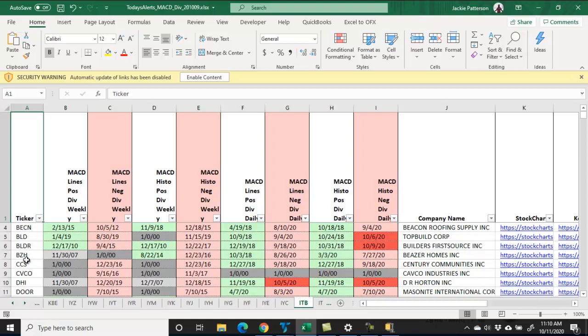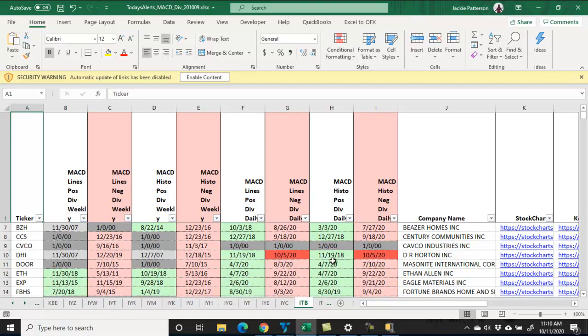And then these have their divergences cross-referenced. So if you were, say, concerned about the negative divergence on the home builders, ITB had a negative divergence, then you could come here and see that inside, well, D.R. Horton, a big home builder, has a negative divergence on its chart.